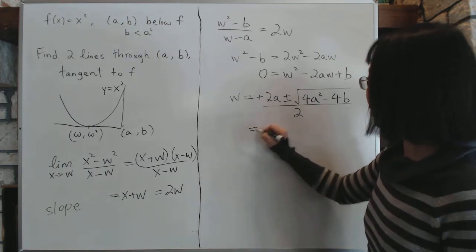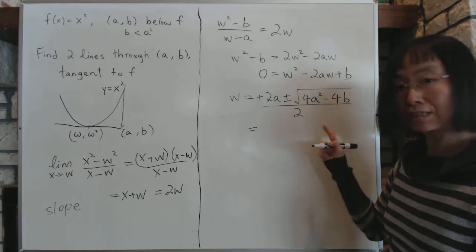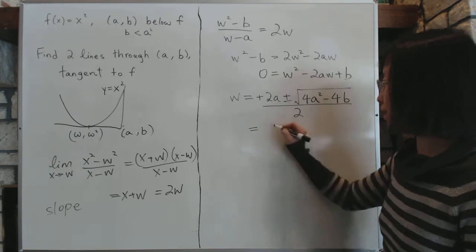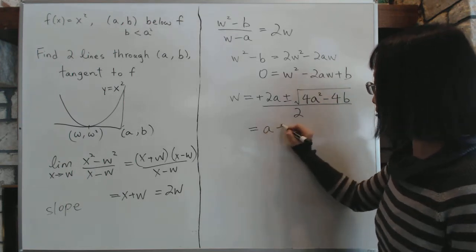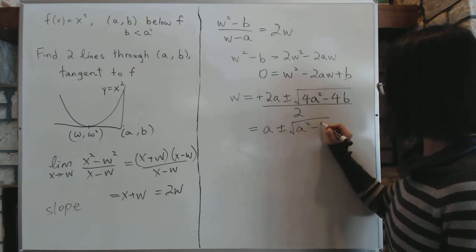Then we simplify this a little bit. We can factor the 4 out of the square root, and it becomes 2. So the 2s cancel out, and what we have left is a plus or minus the square root of a squared minus b.